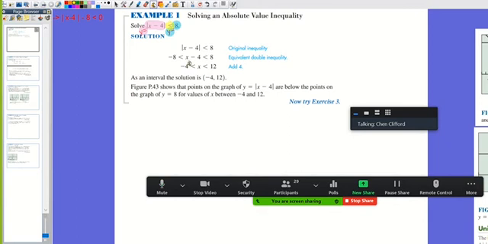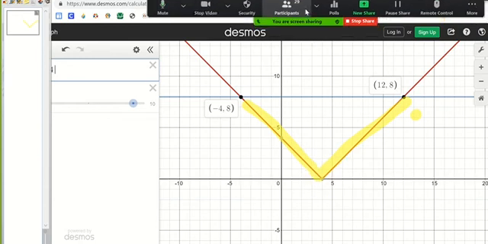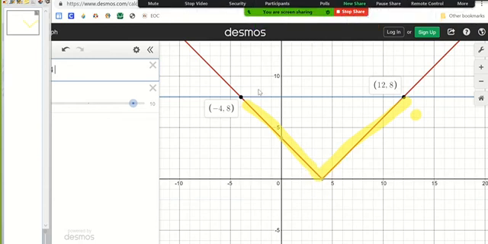It's less than. I hope everyone agrees that red is below blue right here, this portion in yellow.